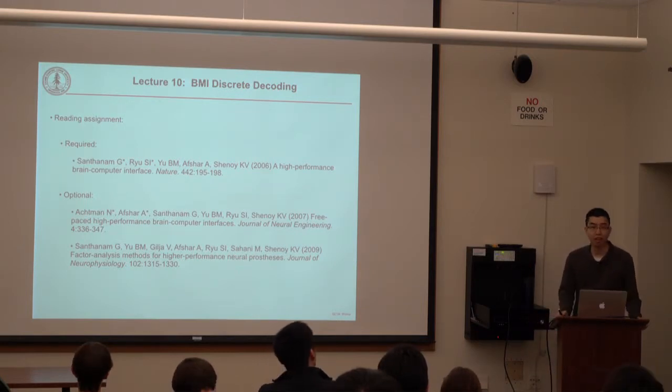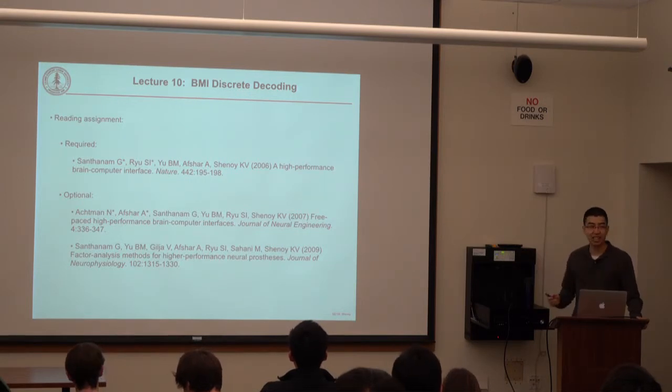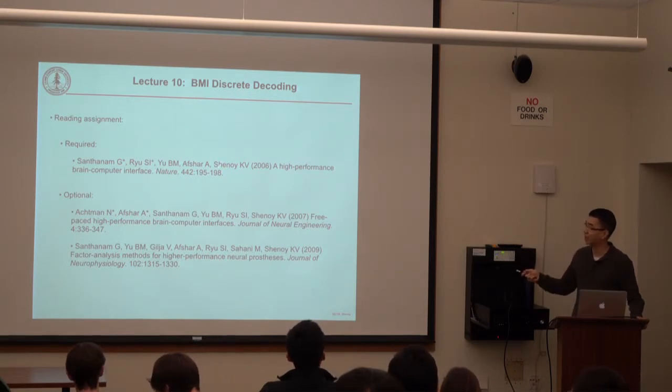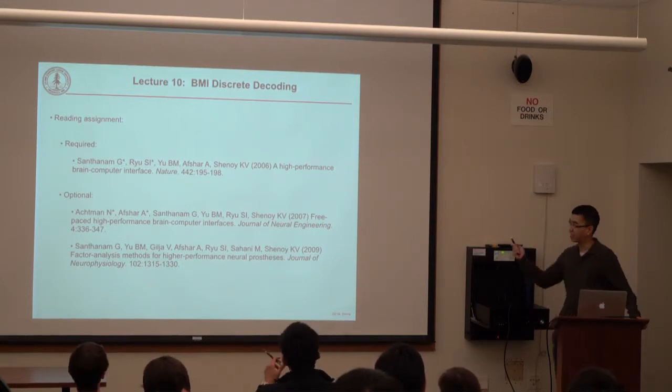The required reading assignment for this lecture is this paper by Santhanam, Ryu, and colleagues called A High-Performance Brain-Computer Interface. Most of this lecture is taken from this paper, which was one of Krishna's early papers when he started his lab at Stanford.